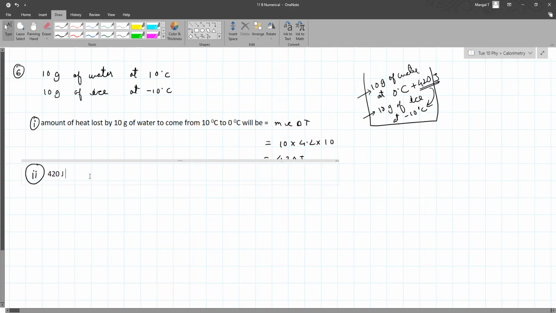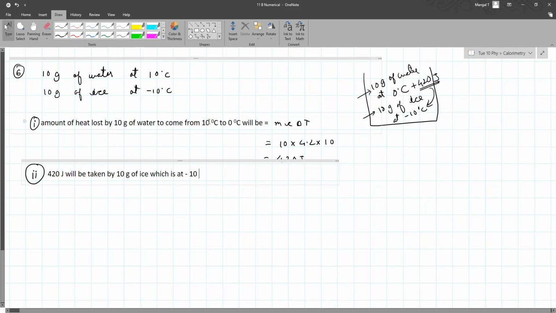We'll check whether it will be able to become ice at 0 degrees Celsius. 420 joules will be taken by 10 gram of ice, which is at negative 10 degrees Celsius.